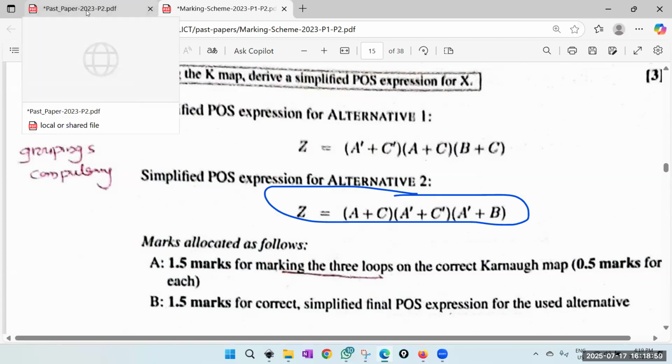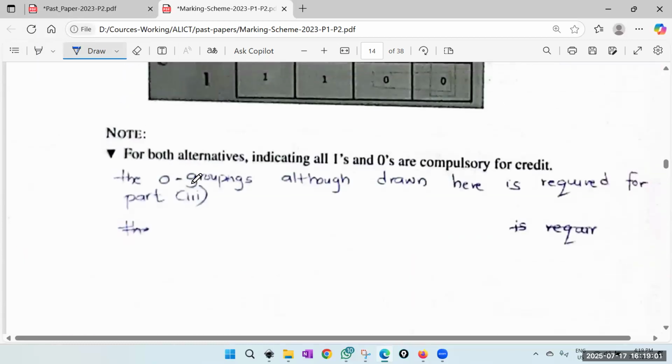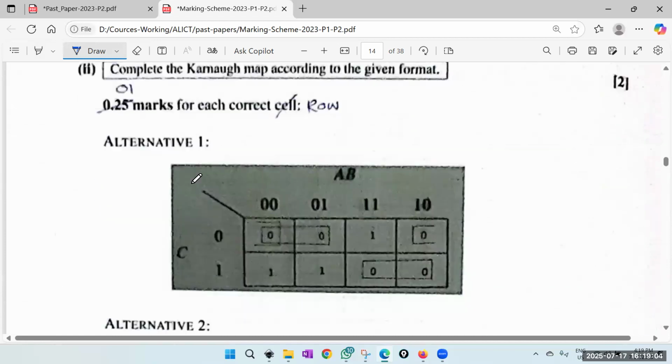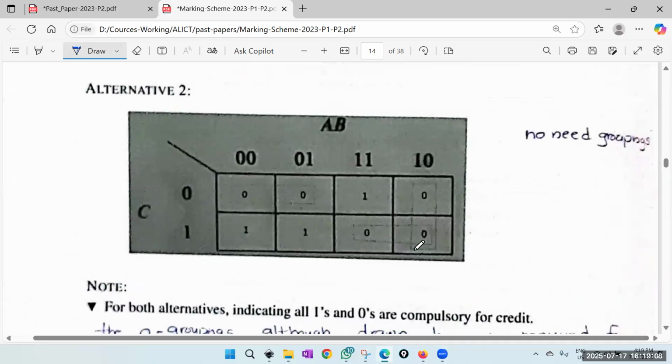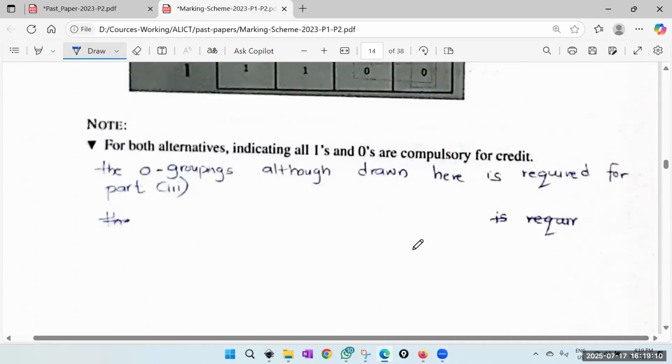And look at the marking scheme. So examiner has given marks for both. Any approach. Okay. What else?